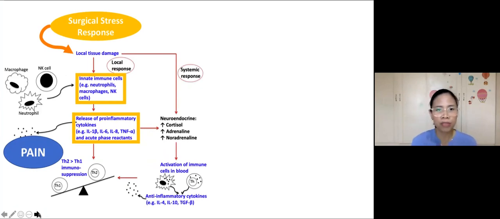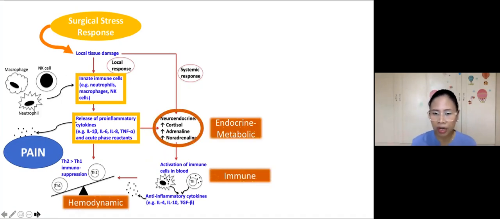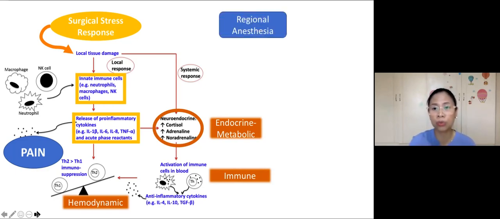So the surgical stress response would activate the release of a lot of mediators causing pain, would also activate the neuroendocrine metabolic system that would increase the release of catecholamines. Also, the immune system and the hemodynamic systems are affected. Okay, so what does regional anesthesia do?